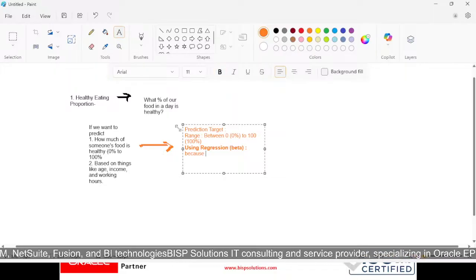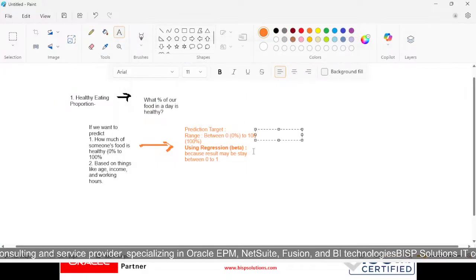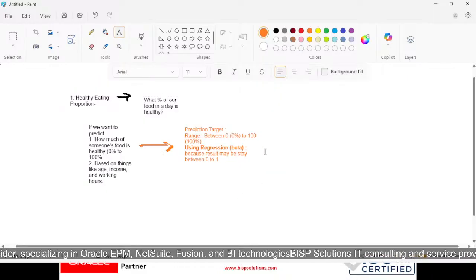Because our result may stay between 0 to 1. This is what beta regression is all about, right?